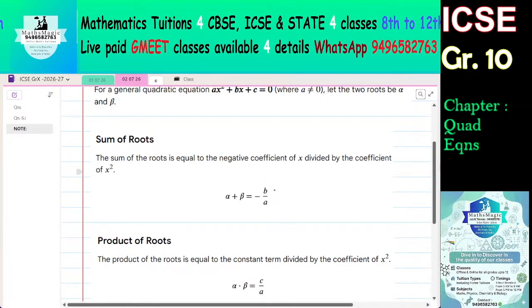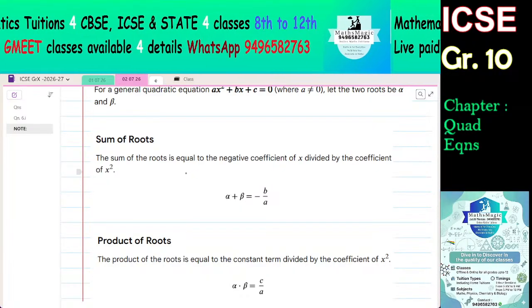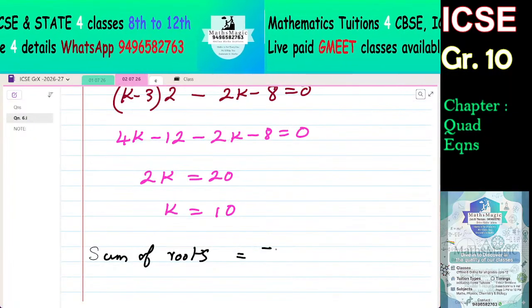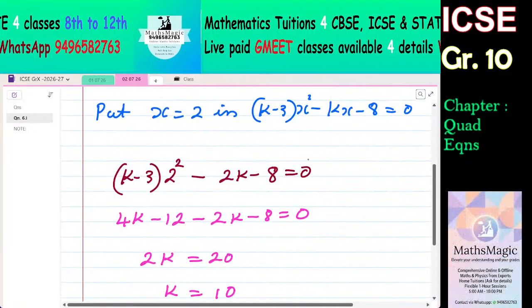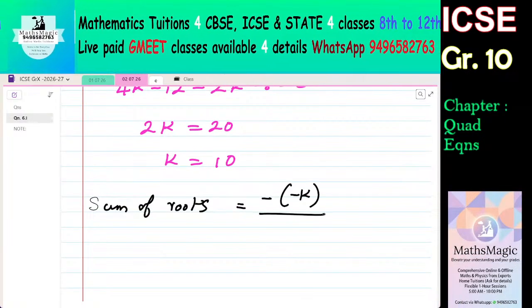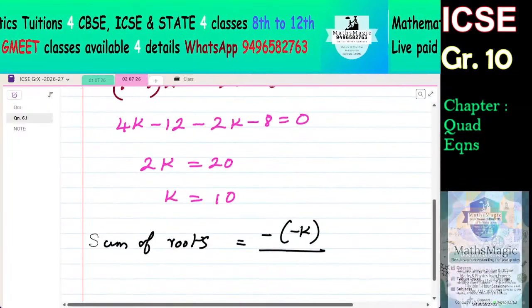Minus b by a. Sum of roots is equal to the negative coefficient of x divided by coefficient of x squared. So minus of minus k by the coefficient of x squared, which is k minus 3.